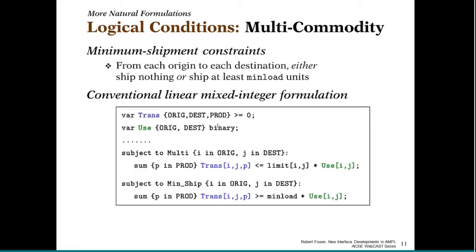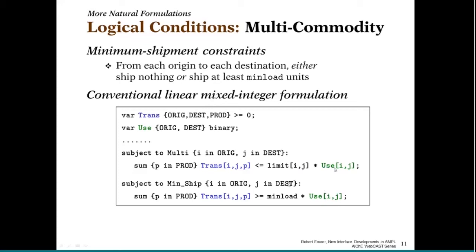And if I don't use it, I don't ship anything. This is typically how we tell people to formulate this. If you've done a lot of integer programming, you can convince yourself that this is a natural formulation. But I would argue that, in fact, this is a trick, and if you haven't learned the trick, it looks pretty crazy.